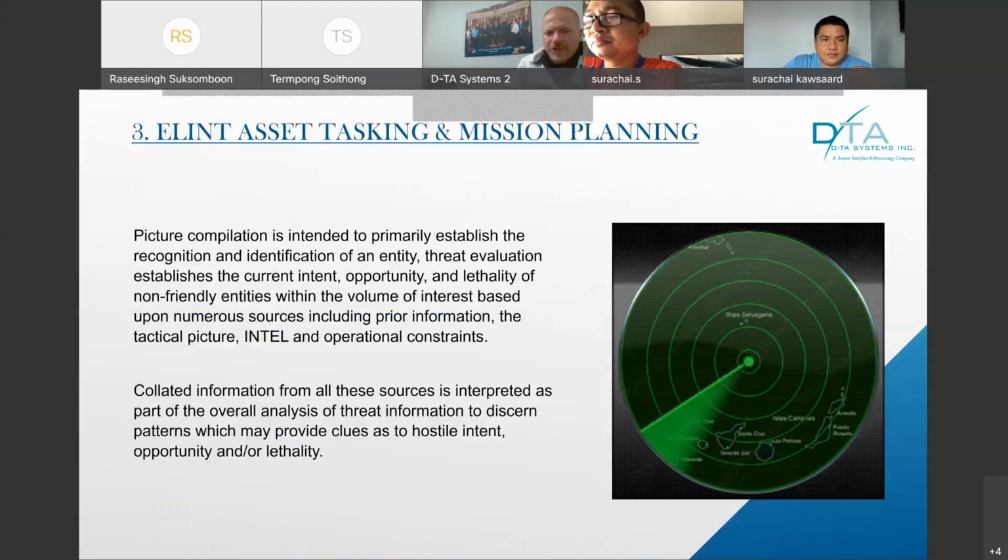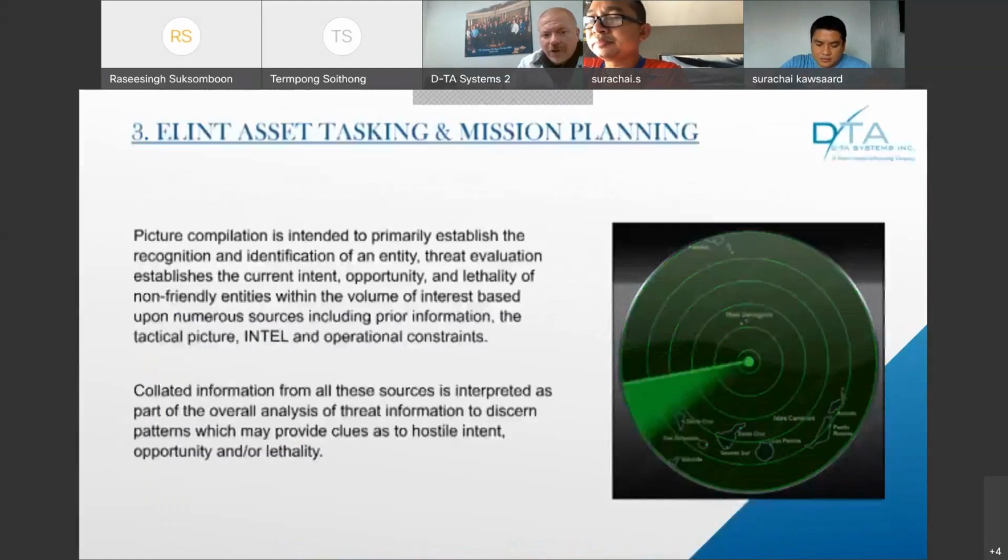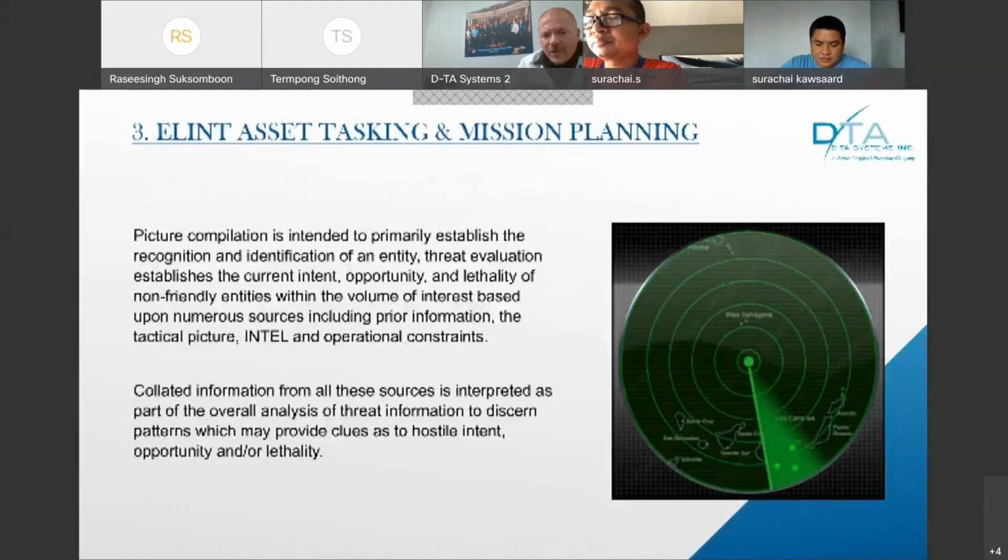So picture compilation is intended to primarily establish the recognition and identification of an entity. Threat evaluation establishes the current intent, opportunity, and lethality of non-friendly entities within the volume of interest based upon numerous sources, including prior information or your intelligence, the tactical picture, and operational constraints.